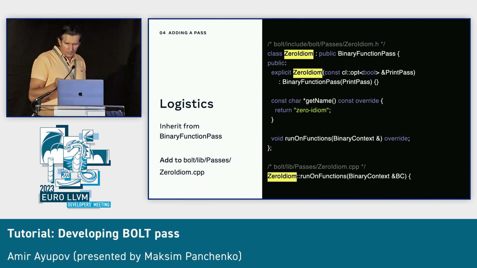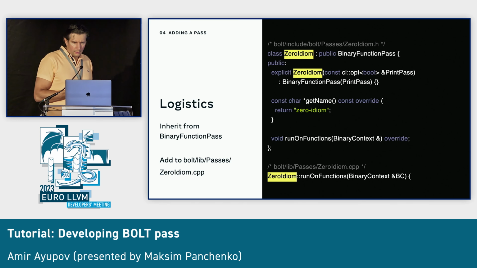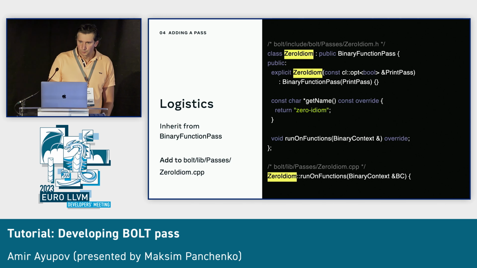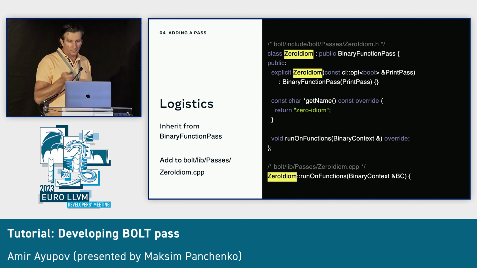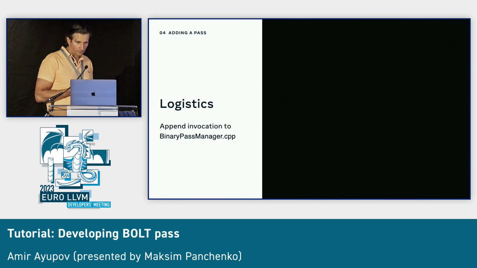And all we have to do is define these three methods. But the main one of these three is, of course, runOnFunctions, which takes the binary context with the list of functions as its parameter. This is where we're going to do all the important work.